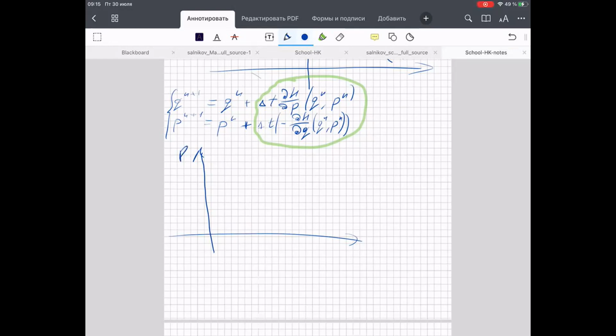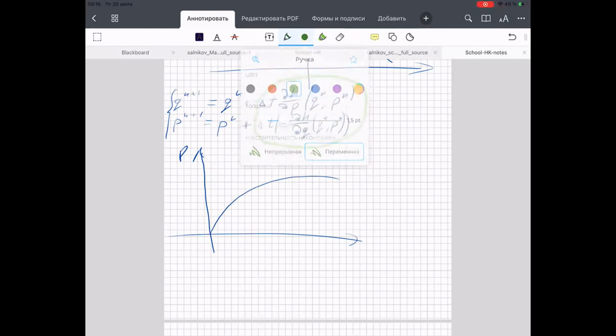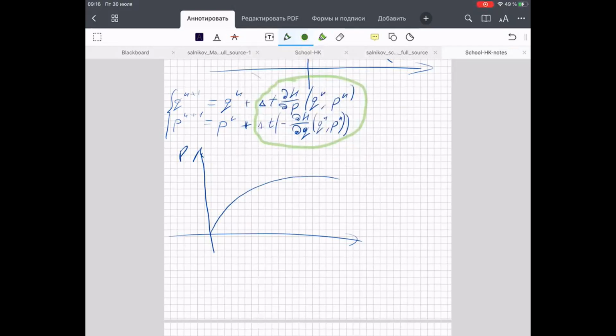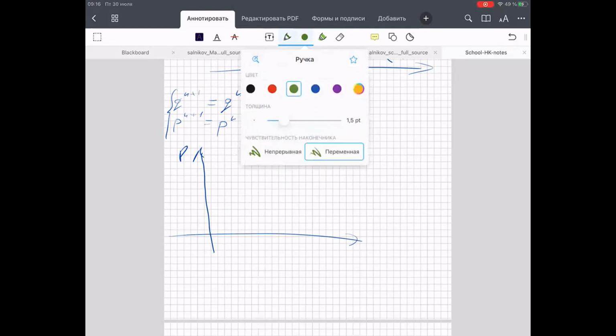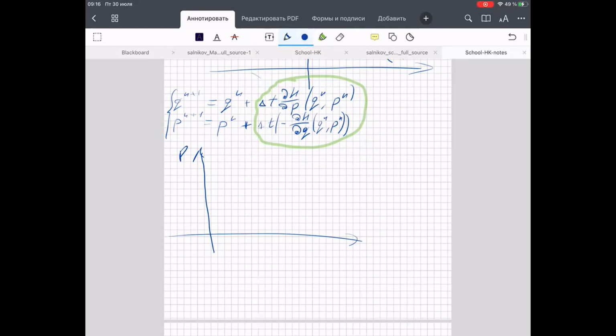It means that the actual part of the curve, you remember there was a combination of sine and cosine. So at some point it behaves like that.